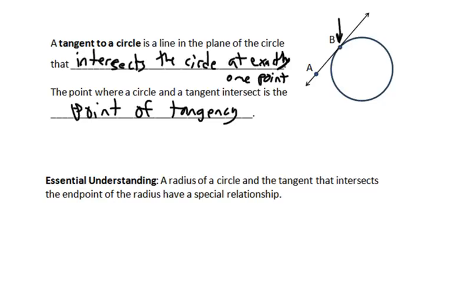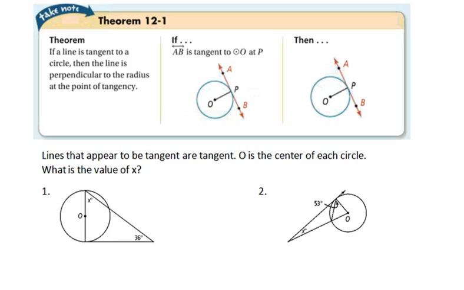All right. So it's important to know right here, the radius of a circle and the tangent line that intersects the endpoint of the radius have a special relationship. That's coming in our first theorem here, Theorem 12.1.